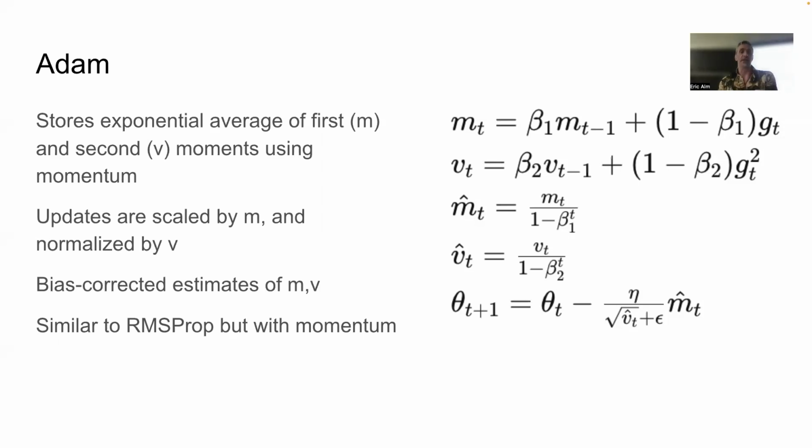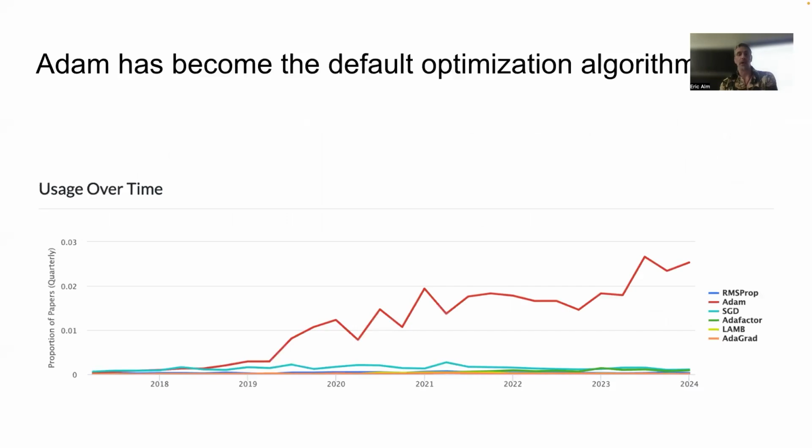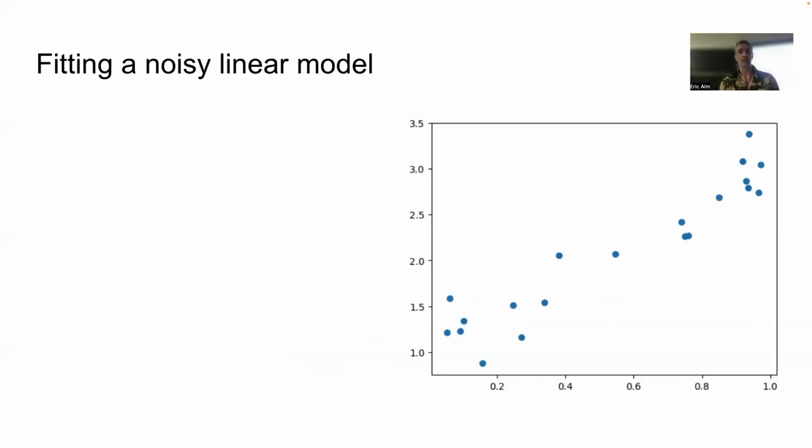And that ends up being pretty useful for a lot of practical problems. If we look at the number of machine learning papers that use these different algorithms, you can see that Adam has really taken off as a really effective way to train a lot of these nets.